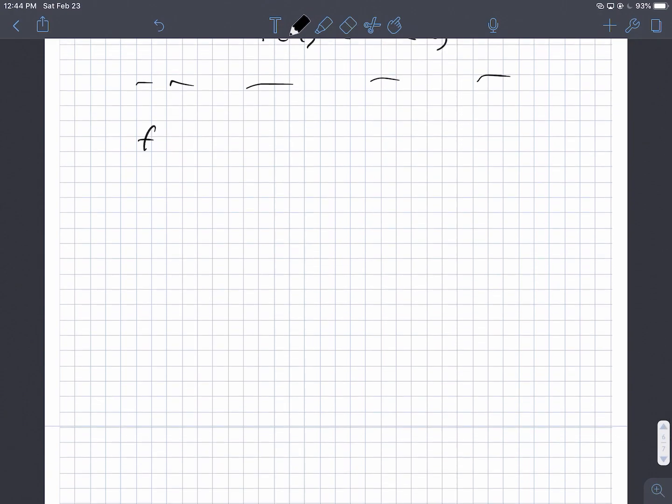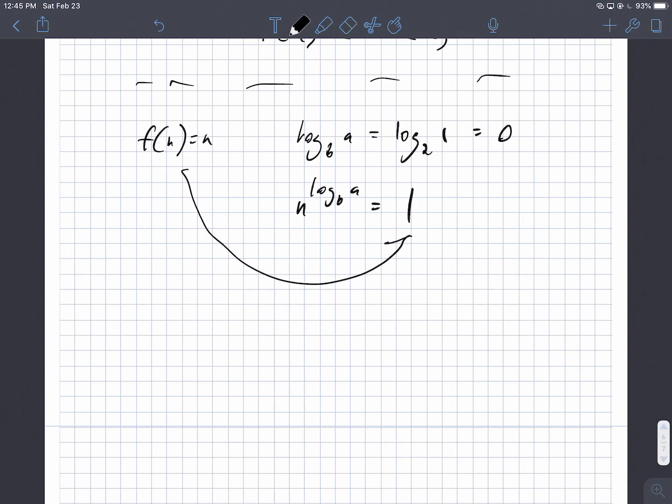F of n is n. And we know log base b of a is what? Log base 2 of 1, which is 0, which means n to the log base b of a is 1. And in every case, we're comparing f of n to n to the log base b of a.